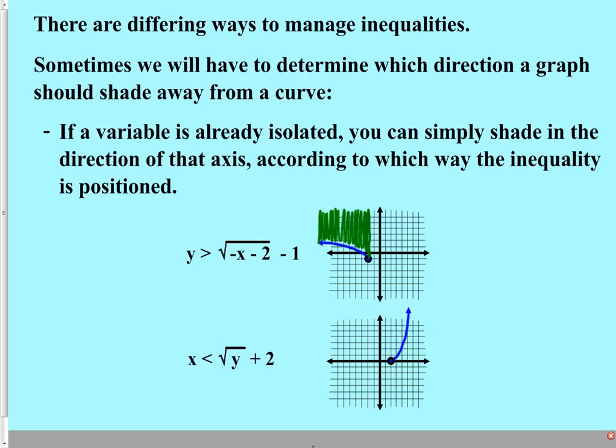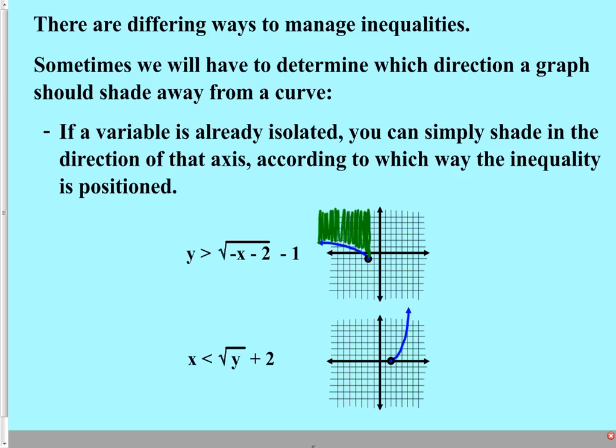Here's another one. X is less than the square root of y plus 2. Well, we have a variable already isolated, so we can just allow the equation to tell us which direction to shade. In this case, the variable that is isolated is x. That means that we're going to be shading in the x direction, so we're either going to go from this equation straight to the left, or straight to the right. Which direction should we go?